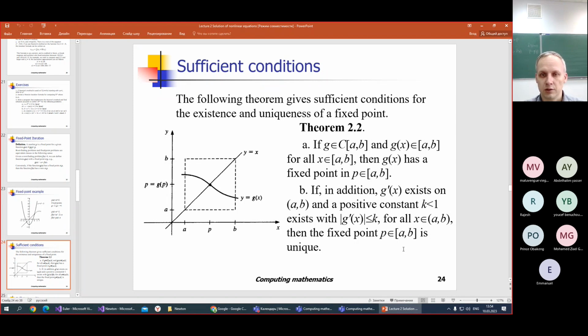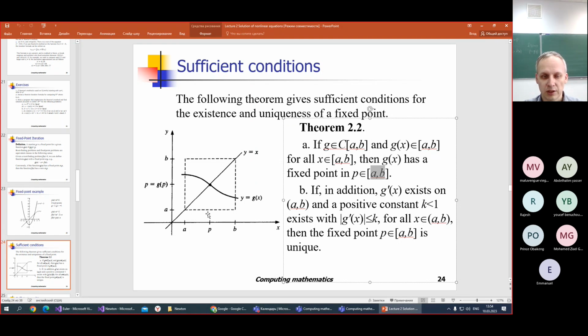the values of this function g of x belong to the interval from a to b for all x from a to b, then g of x has a fixed point between a and b.